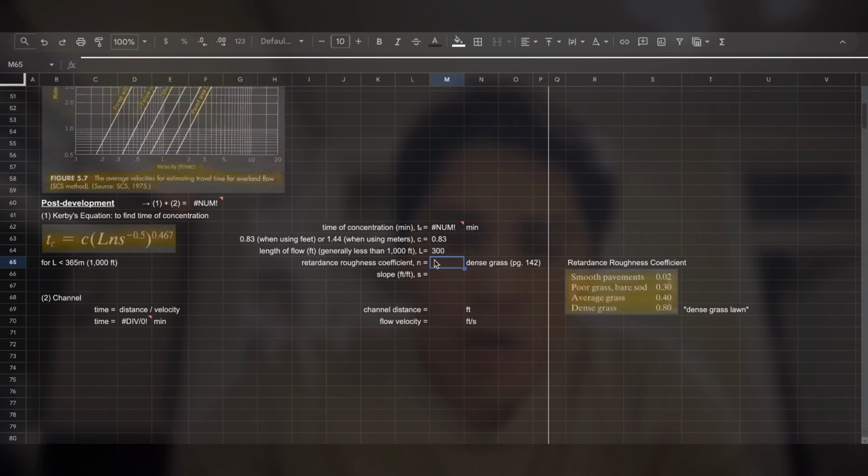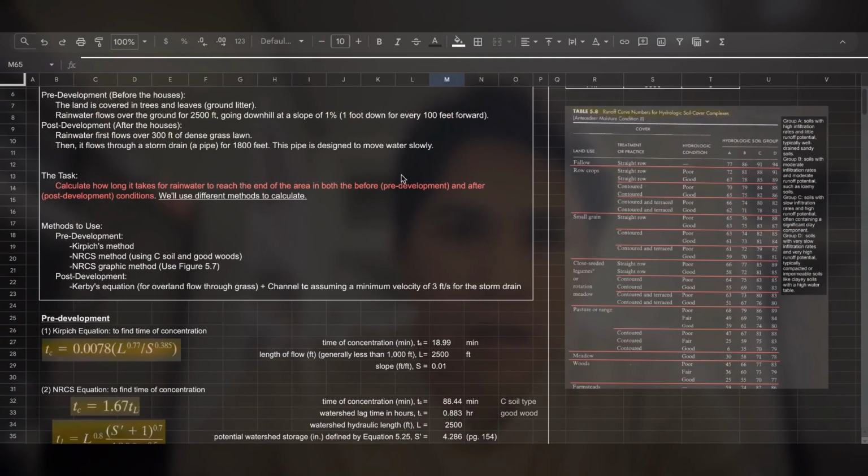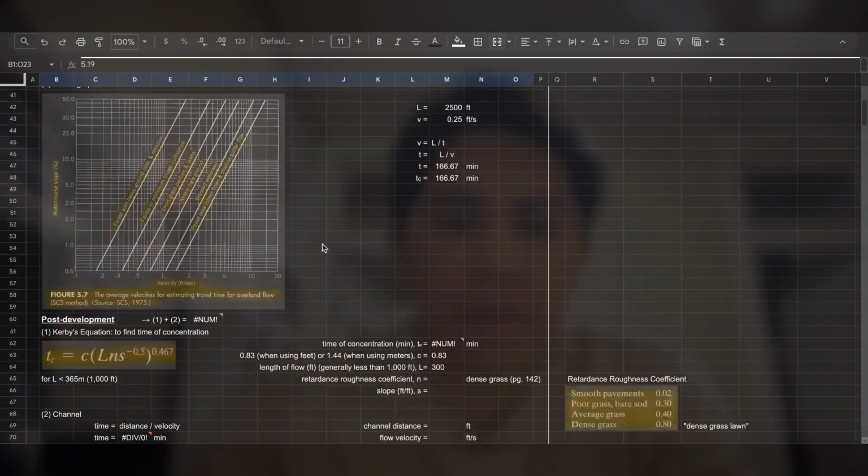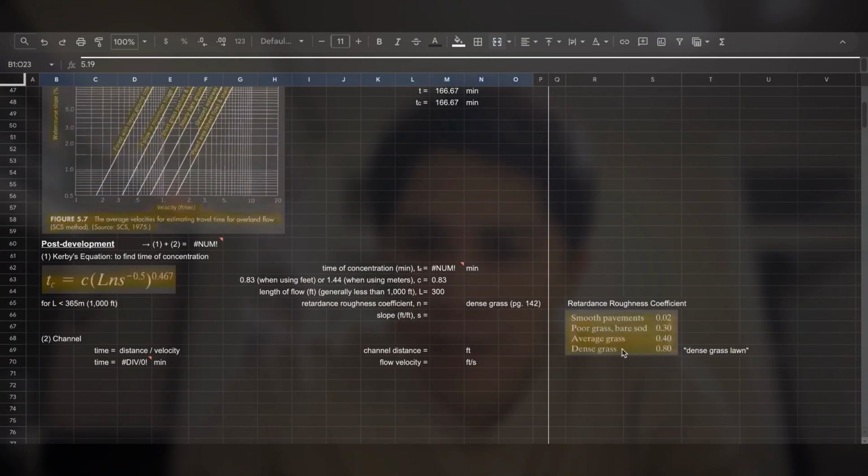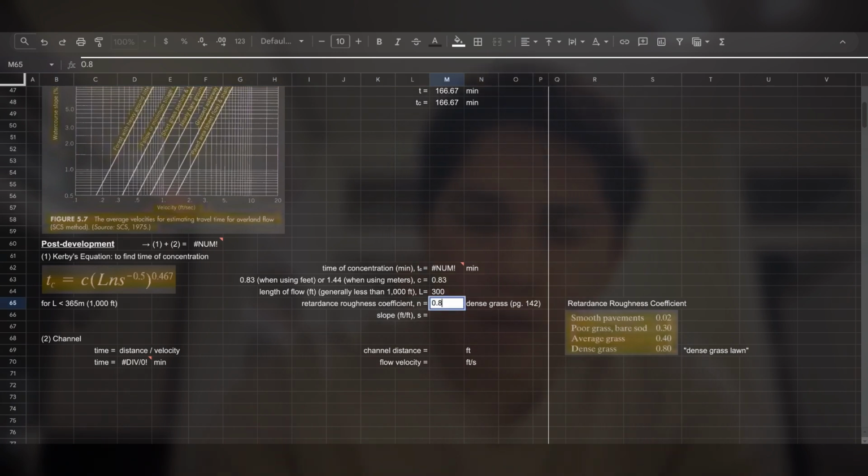And our retardance roughness coefficient, it says that it's dense grass in our program. So in dense grass, we have a value of 0.8. And the slope is 1%, so 0.01. That gives us a time of concentration of 31.45 minutes.